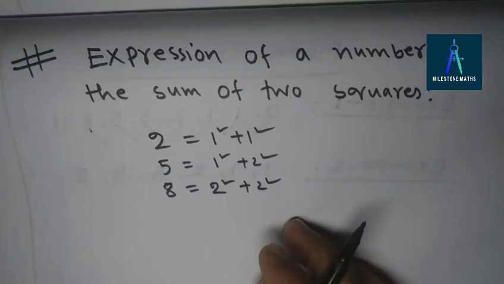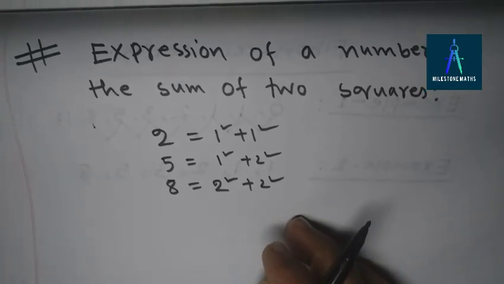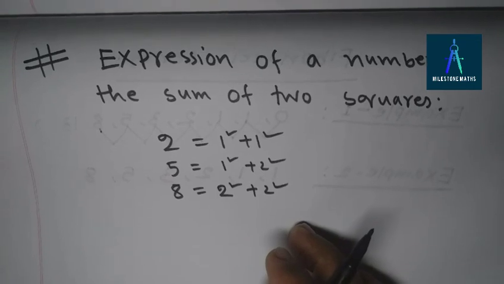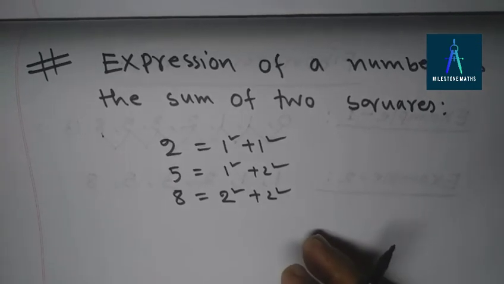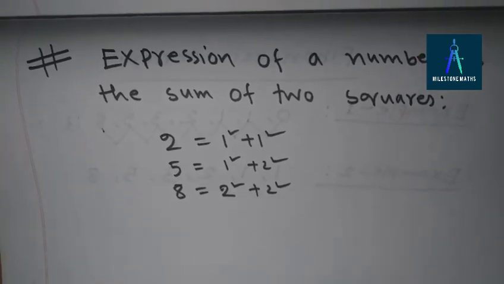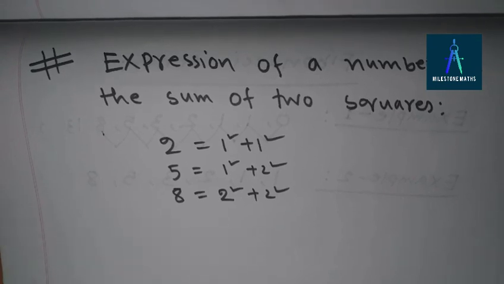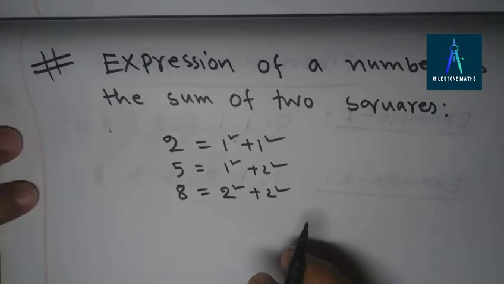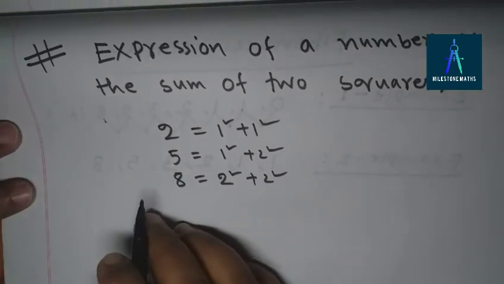So, between 1 to 100 there are 35 such numbers which can be expressed as the sum of 2 squares. But again, there are certain numbers which can be expressed as a sum of 2 squares in 2 or more different ways.